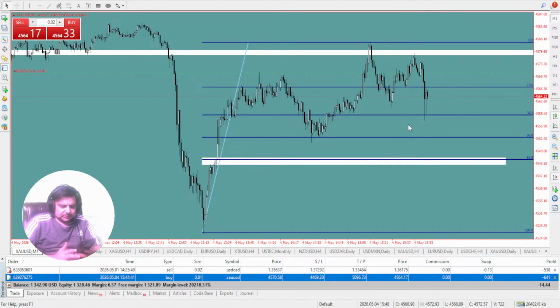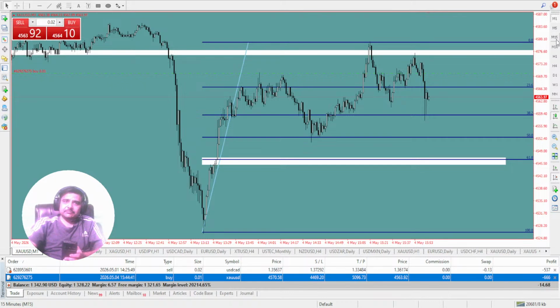So let's wait for this retest of 618. If it occurs, it can become a very good buying level. Intraday buying, quick 50, 60, 70 pips, 45, 45 approximately is the level. But if after that it goes bullish, then the above sell I'm waiting for.